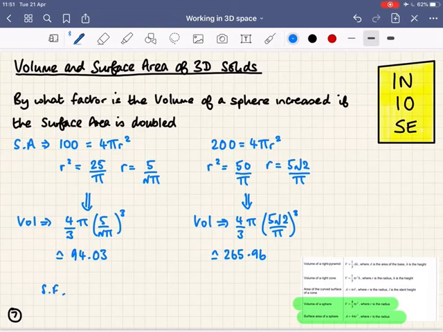If I call this one B and this one A, the scale factor must be equal to B over A. But it's much better to use the original measures that have got pi in them than the ones that I've just rounded at the end. And if I do so, I get a precise answer. So 4 over 3 pi times 5 root 2 over root pi cubed, divided by 4 over 3 pi times 5 over root pi cubed, will give me the precise answer of 2 root 2, which is approximately equal to 2.83.